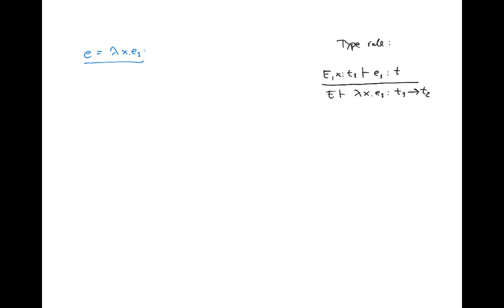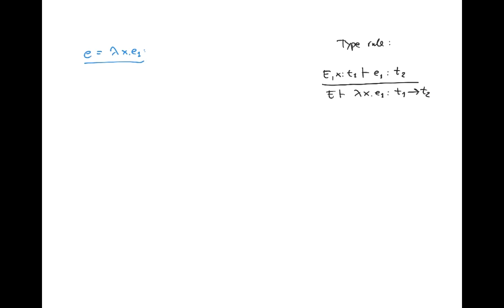What if our expression is a lambda abstraction, lambda x e1? What then? Well, first let's look at the type rule. The type rule says that if we want to type lambda x e1, then it has type t1 to t2, if it's the case that we, by assuming that x has type t1, can type the body e1 with type t2.